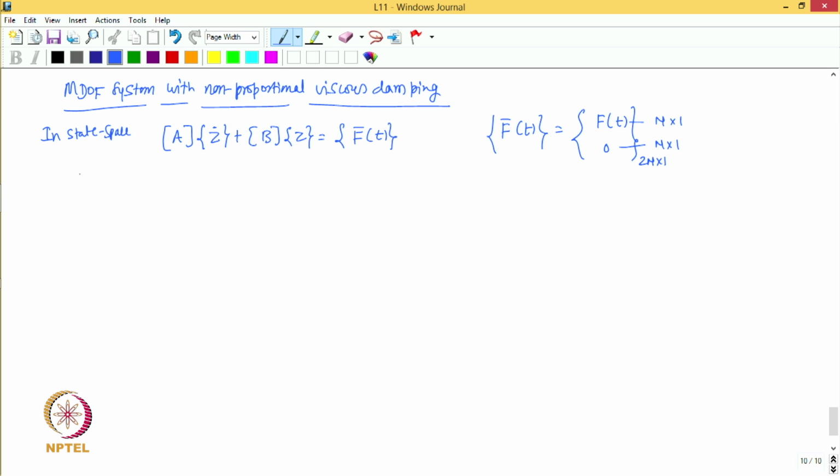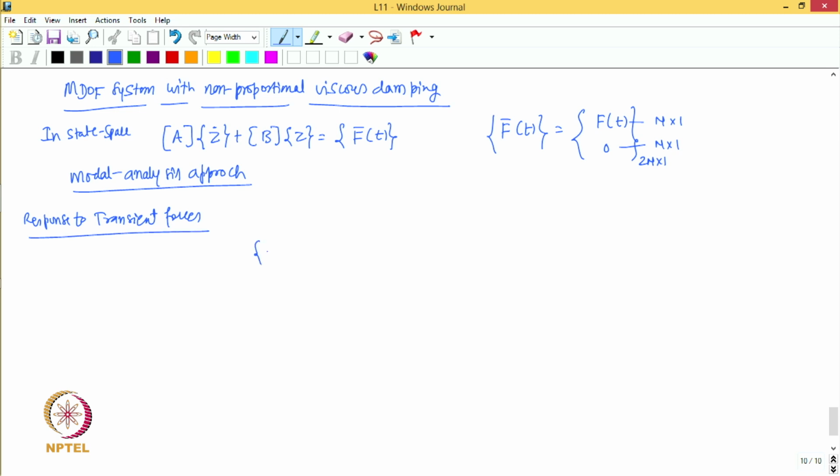So, again we follow a modal analysis approach to find the response, and our objective is to find the response to transient forces. That is what we want to find out.